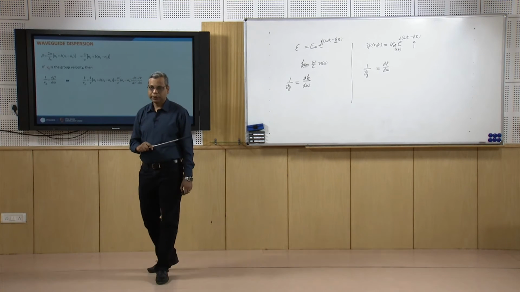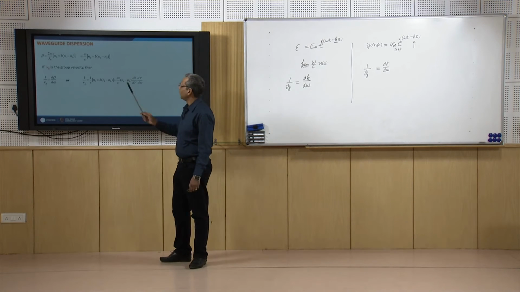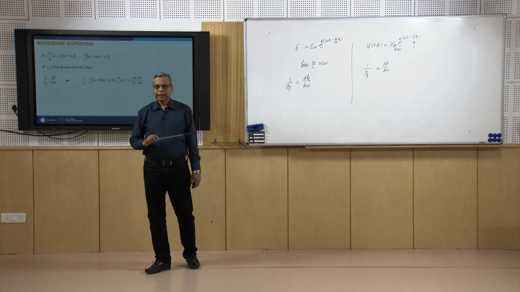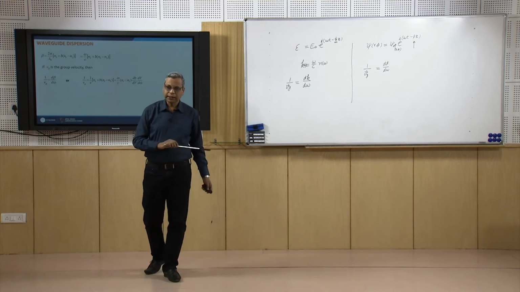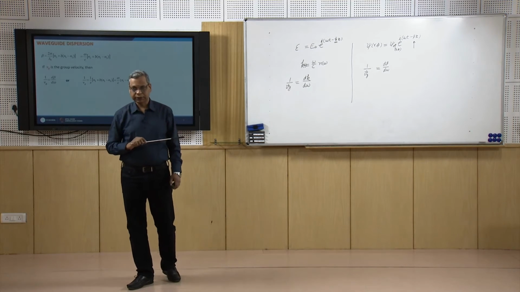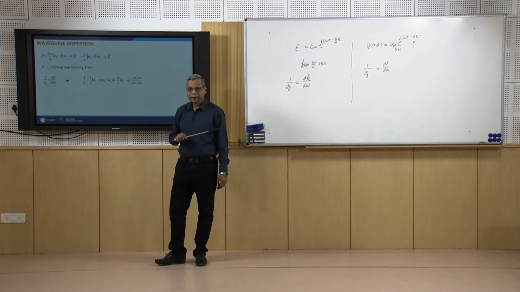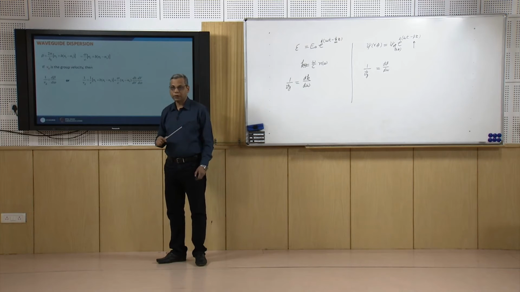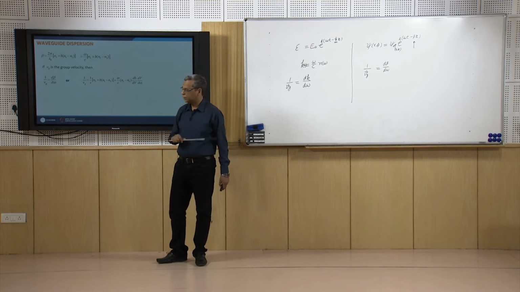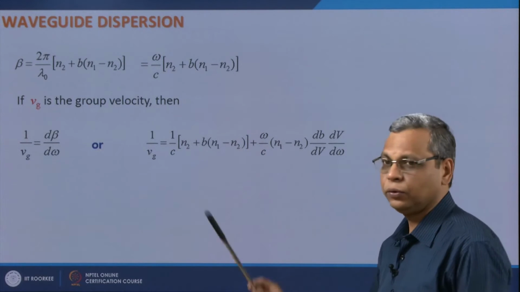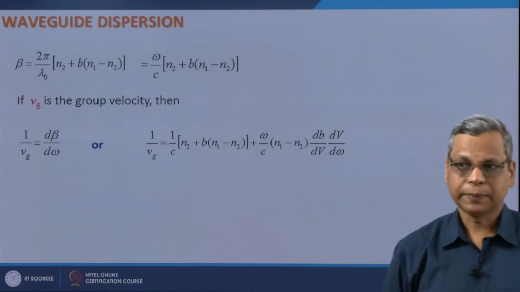I have assumed that n1 and n2 do not depend upon omega in order to isolate the effect of waveguide dispersion. So, in order to purely find out the effect of waveguide dispersion, I have assumed n1 and n2 to be constant with respect to omega.